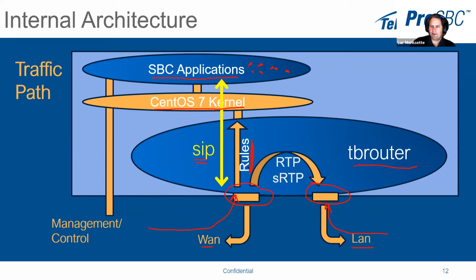You also have rules for RTP and SRTP that are created. So when a SIP call is made and RTP is allocated, we will open some ports here so that calls can come in and be relayed to the destination.